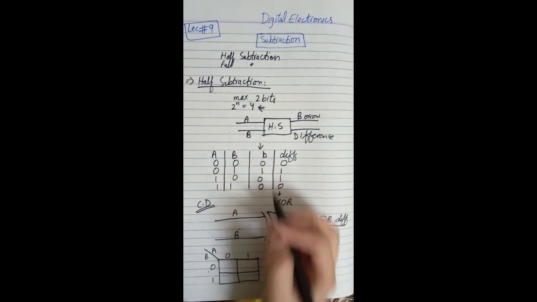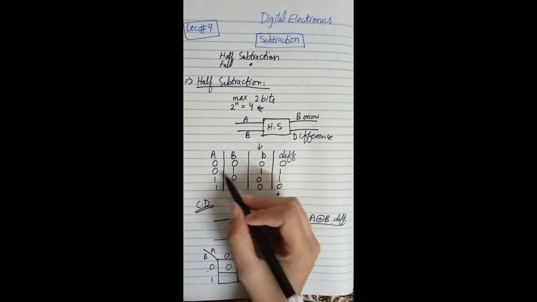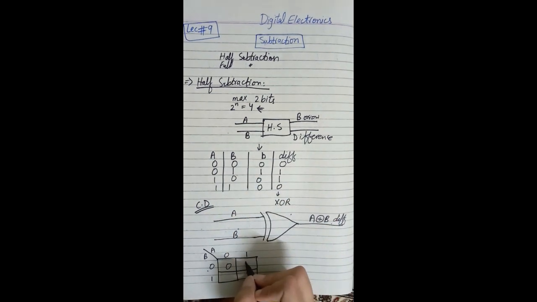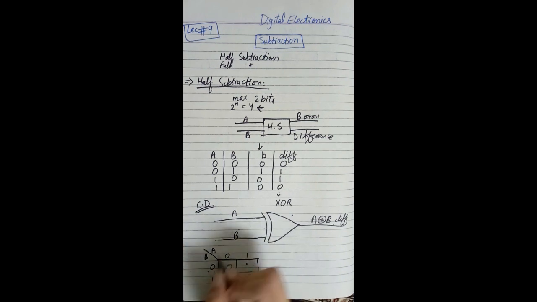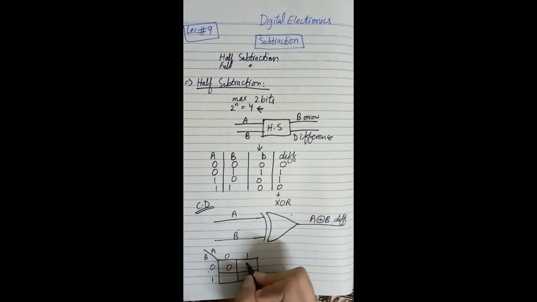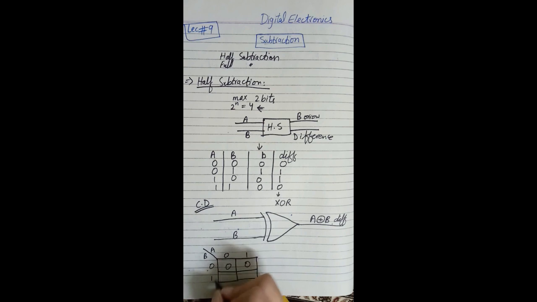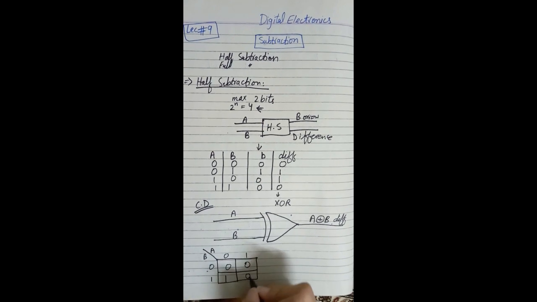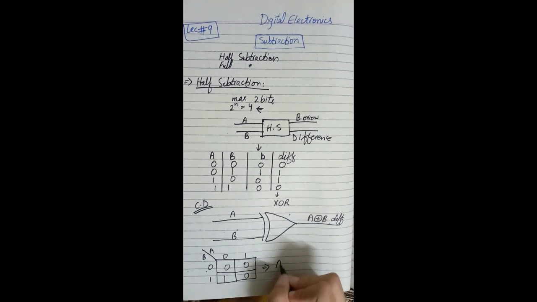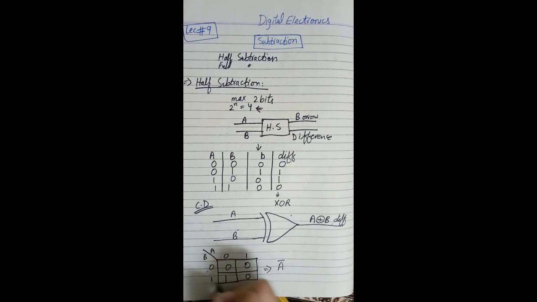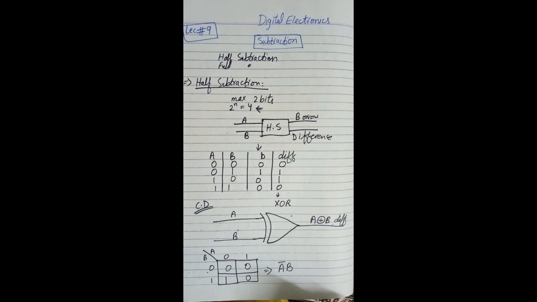On 0 0 we have 0. When A is 1 and B is 0, it is 0. On 0 1, it's 1, and again 0. So for this we have the answer A bar B, because A is 0 and B is 1. According to this we will draw our circuit diagram.